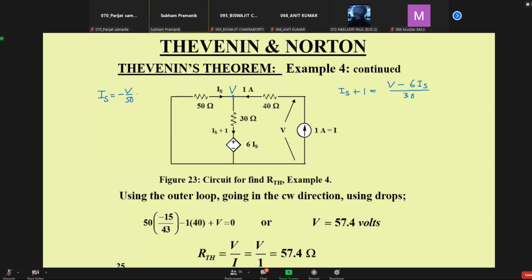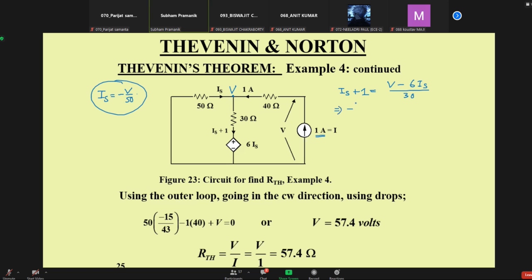So actually you need the ratio of V and 1, remember you have chosen this as 1. So you need to solve for Is. Is is minus V by 50, so whenever you find Is, just substitute it by minus V by 50.